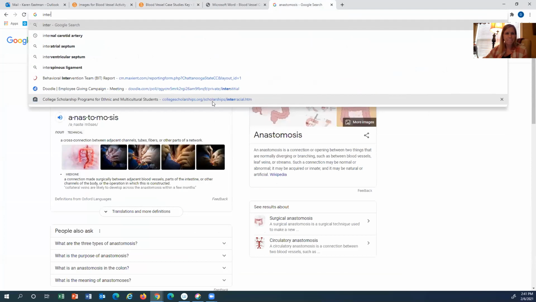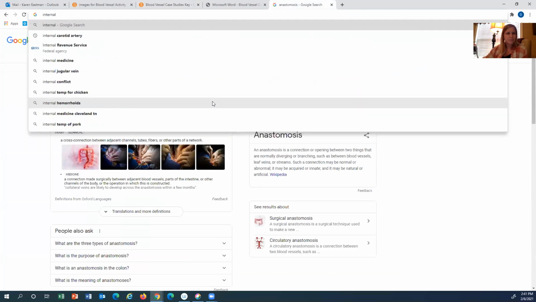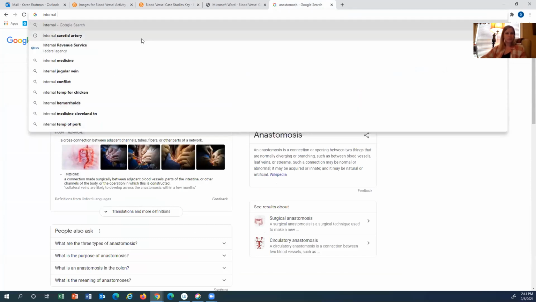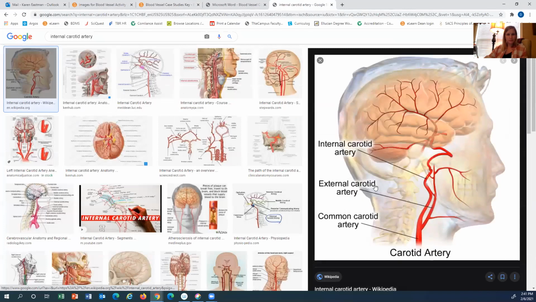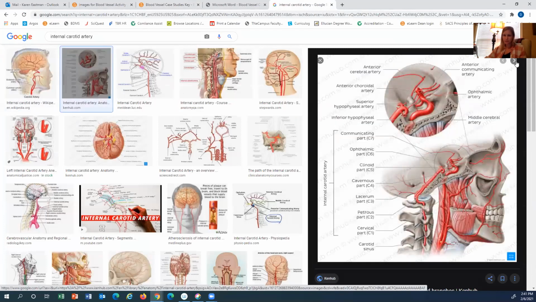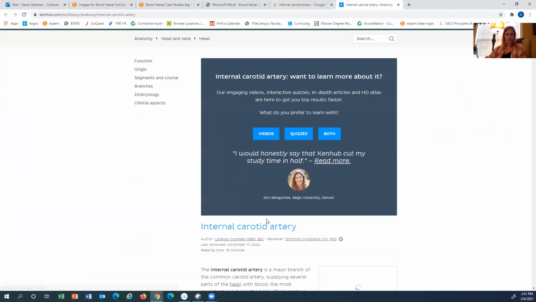I'm just going to put in internal carotid artery, and just show you a couple of these images. This is probably one of my favorites, but I want to come back to it. Do I want to come back to it? Let me look. No, I think we could do this now.